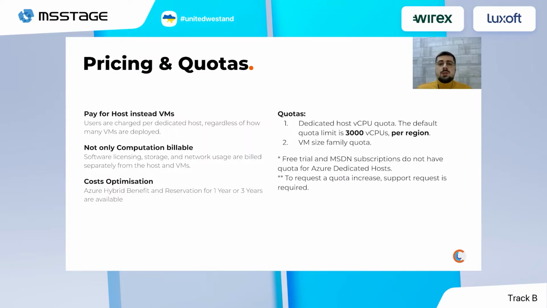Another option is reservation for 1 or 3 years. Azure Reservations is a program, in other words an agreement, where you commit to pay for your resources during 1 or 3 years.